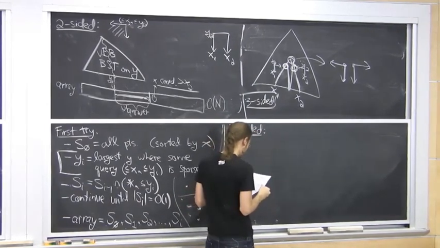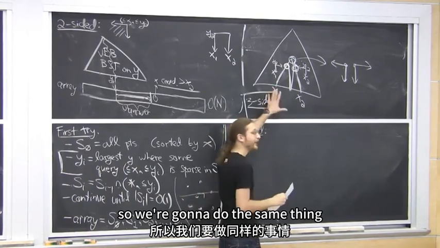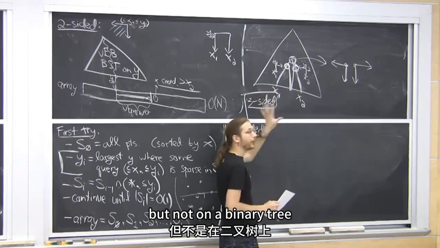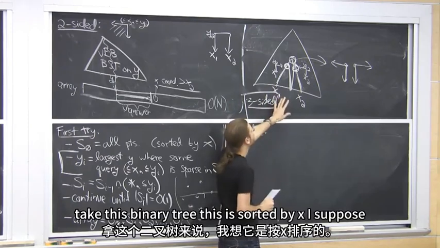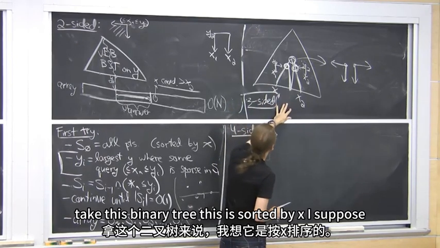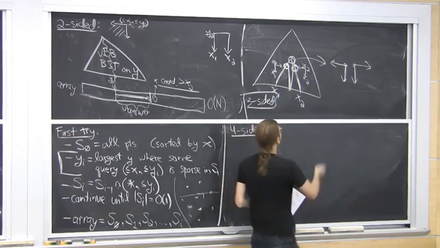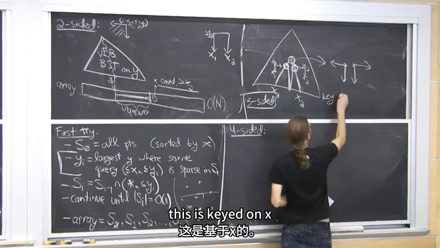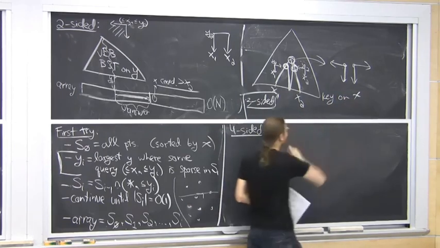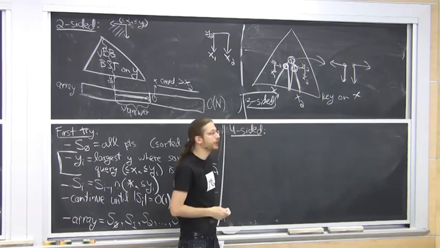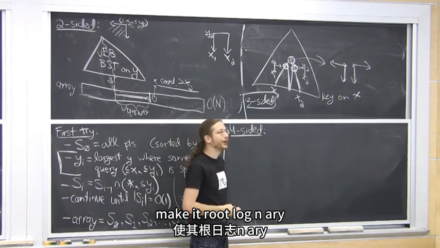For 4-sided, we're going to do the same thing, but not on a binary tree. Take this binary tree, which is sorted by x, keyed on x. Instead of making it binary, make it a root log n array.